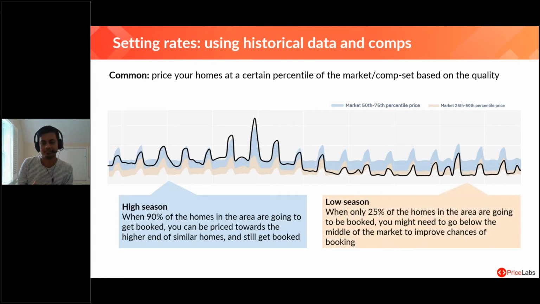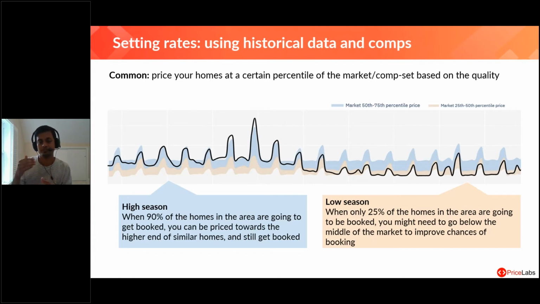On the flip side, when it is low season and only say 25% of the homes are going to get booked, which means 25% occupancy, now the question is, even though you might be a middle of the market property in terms of quality and amenities, do you want to be at the median price and have a chance that you don't get booked, or do you want to get slightly lower in the lower price brackets and have a better chance of bookings?